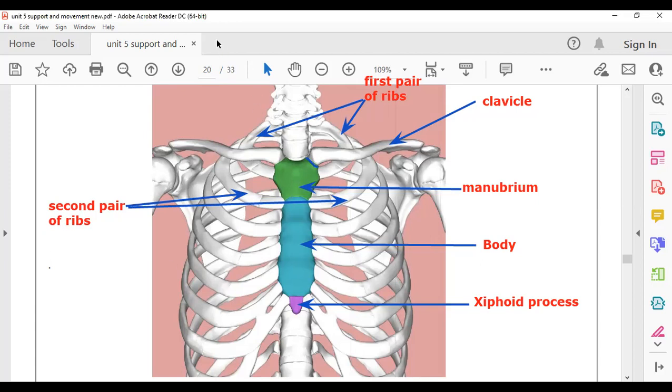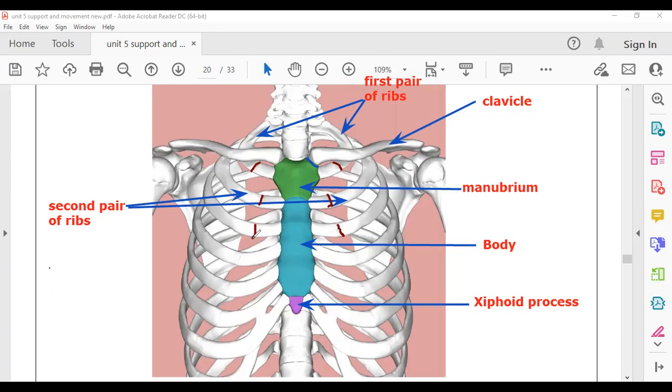Actually, if you take the ribs, the ribs are finishing. Now this rib is finishing here. This rib is finishing here. Understood? So actually the ribs are finishing in one place.